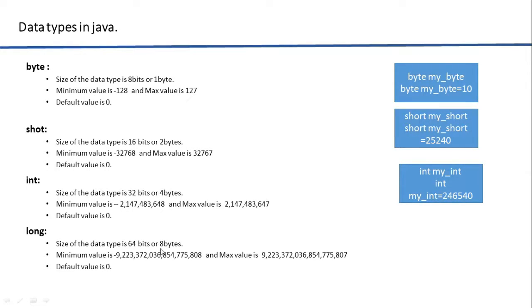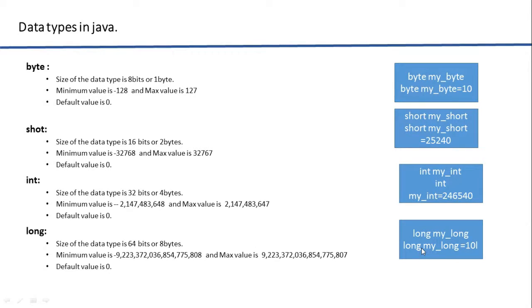The size of this data type is 8 bytes. The minimum value that we can store inside this data type is this, and the maximum value that we can store inside this data type is this. We can declare long data type like this: data type followed by variable name.